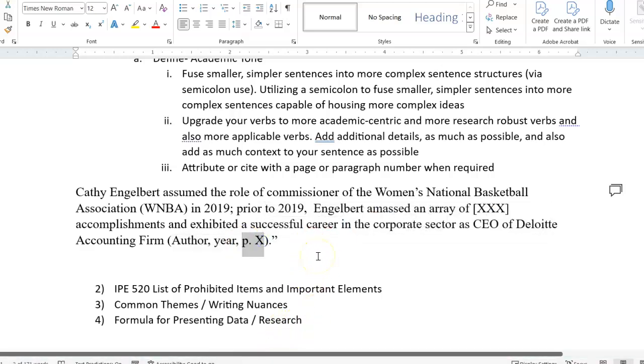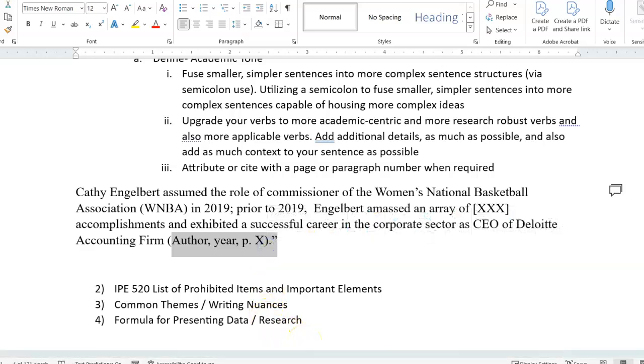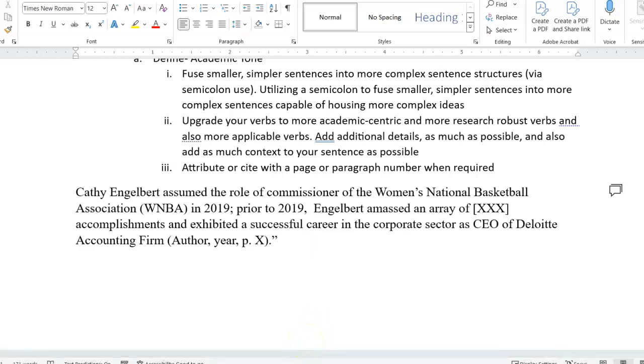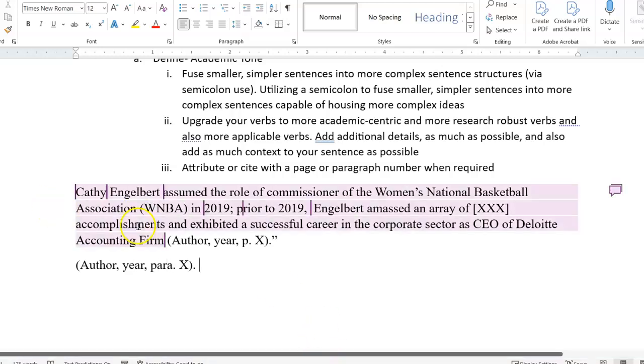That's because anytime you present closely associated source material, including numerical data, units of time, age, etc., you have to include a page or a paragraph number in order to avoid charges of plagiarism. If, for instance, you're working with an online source that doesn't necessarily have a page number, you would follow the same format: author, year, paragraph, and that would be the same as including the page number here.